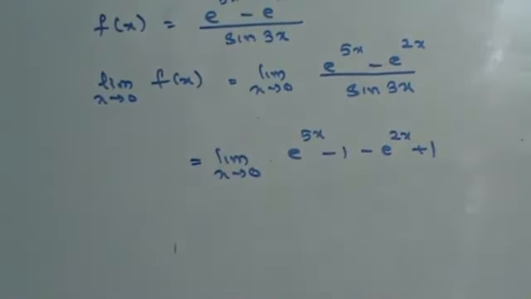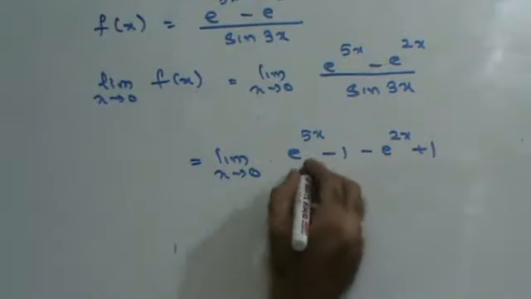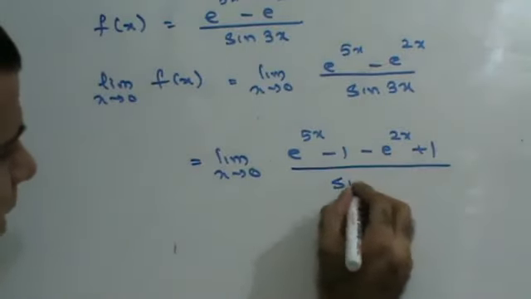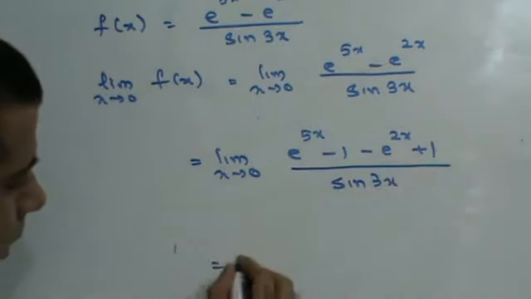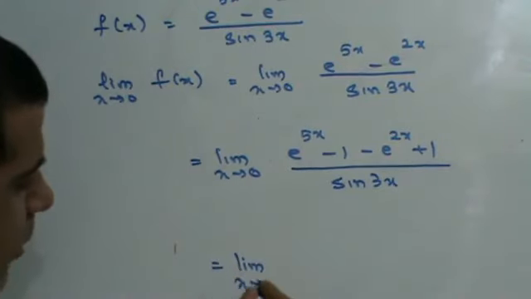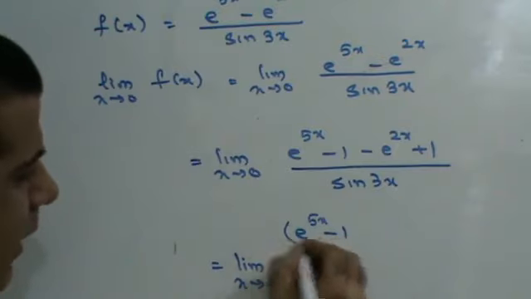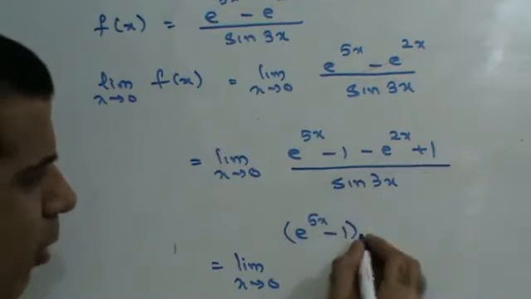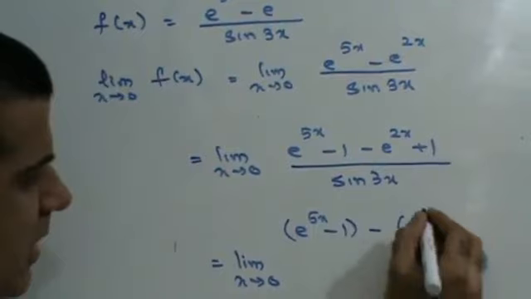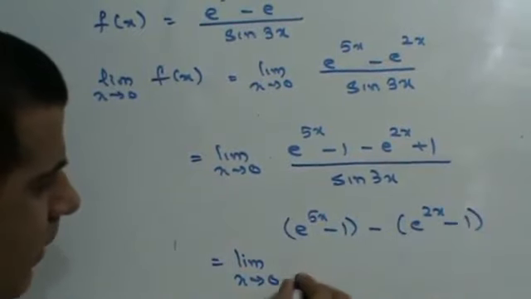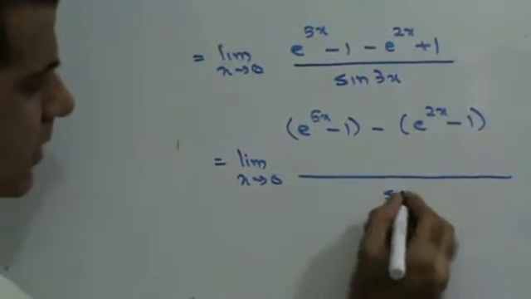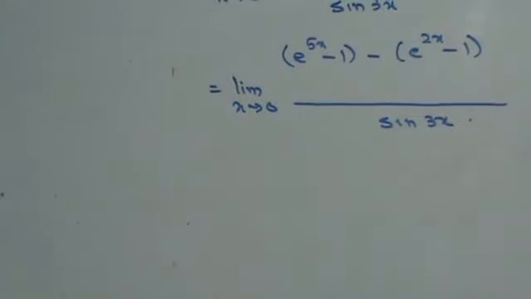I am subtracting 1, I am adding 1, upon sin 3x. This can be written as limit of x tends to 0 of (e raised to 5x minus 1). Take minus sign common between these two terms, so this is (e raised to 2x minus 1) upon sin 3x.